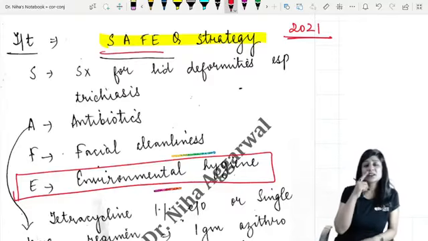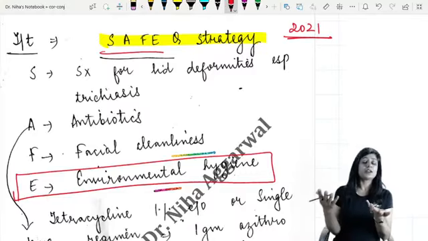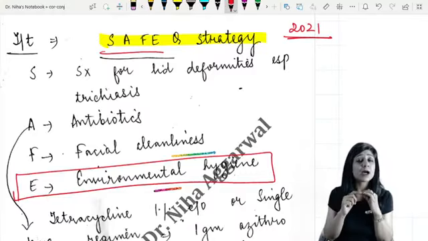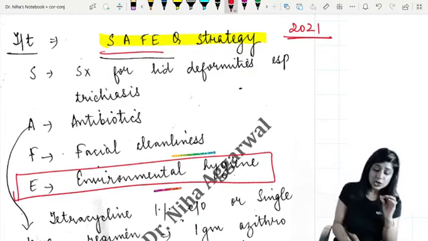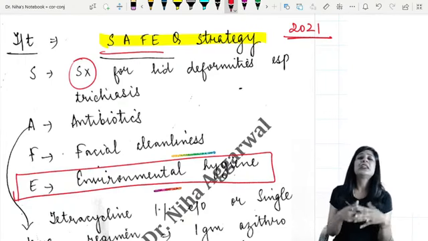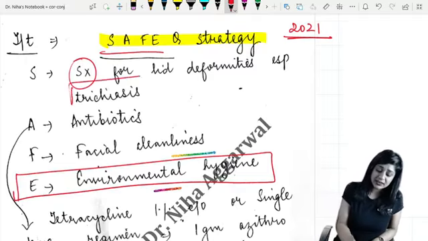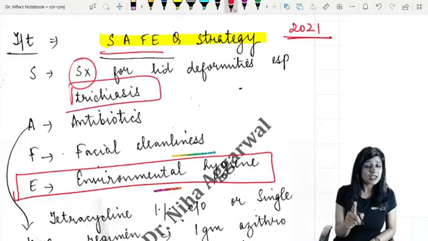Now see, these are the things you cannot change according to your language. You have to abide by the fixed words. So S is for surgery, basically we are doing it for the lid deformities, and the most common is your trichiasis. We have already discussed what is trichiasis.